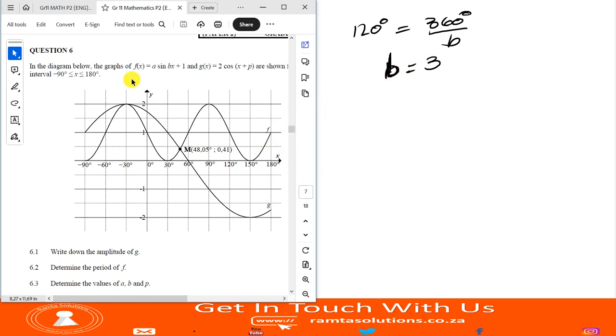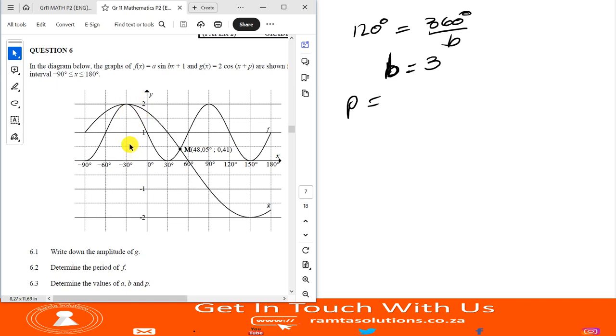Now let's look at the value of P. Normally on a cosine graph, the first maximum will be at x equals 0. But here, that maximum has been shifted to the left, right? And we know when you shift to the left, P is positive. So this has been shifted to the left by 30 degrees.